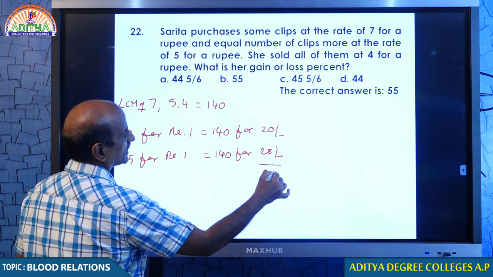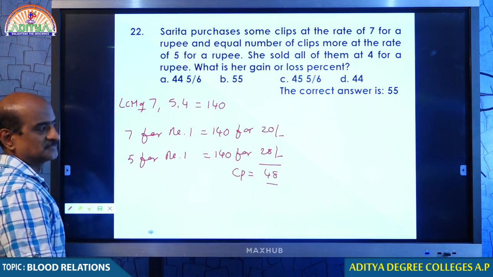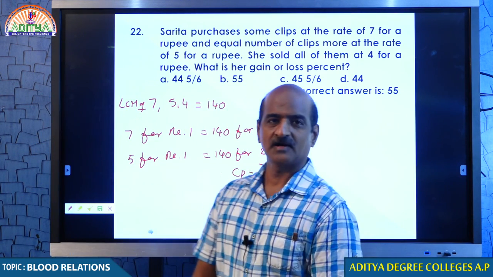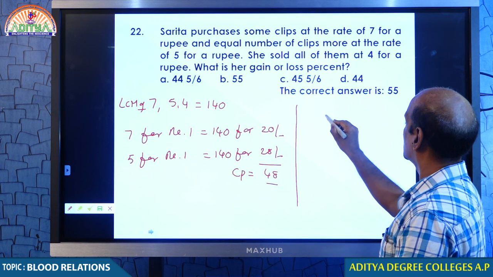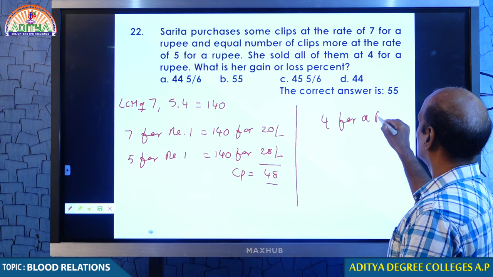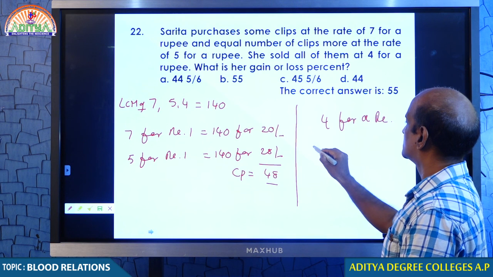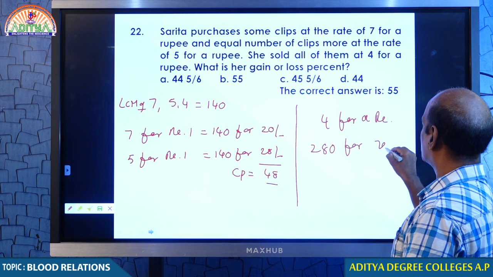That is 48 rupees. This is the total cost price. 140, 140, 280. Now you have to sell. How are you selling? 4 for a rupee. Therefore, 280 for 70 rupees.